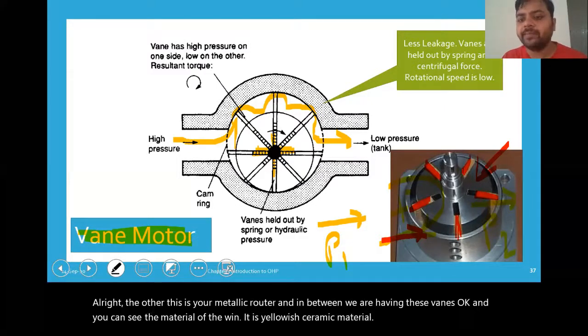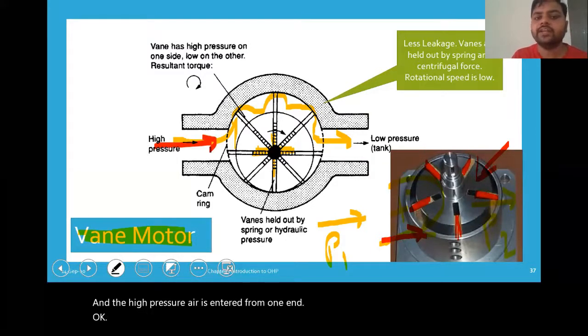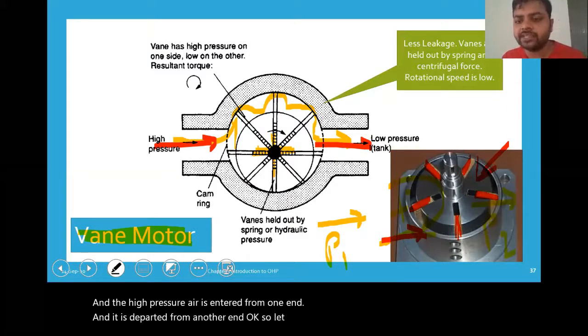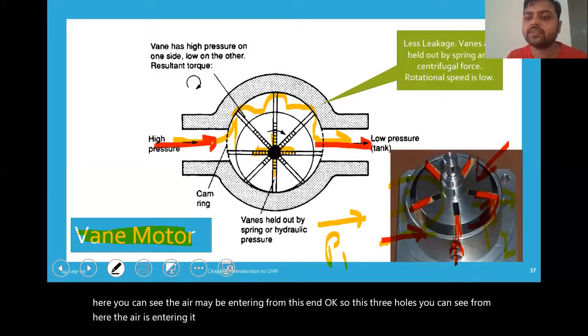And the high pressure air enters from one end, and it departs from another end. So you can easily imagine the situation. Here you can see the air may be entering from this end. So these three holes you can see, from here the air is entering, it will push this stator outward.